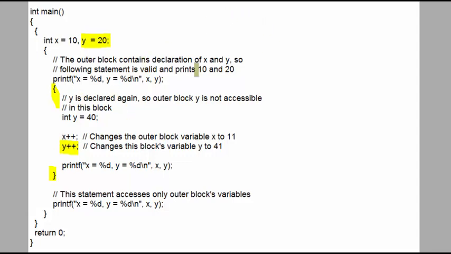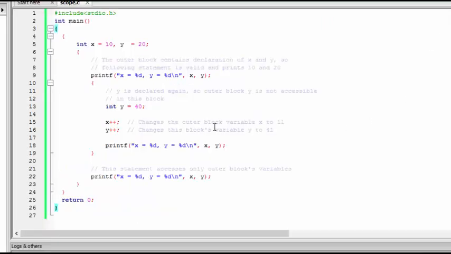I think this will be more clear if we run this program in our editor. Now let us look at this code one more time. x and y have been defined and initialized as 10 and 20.